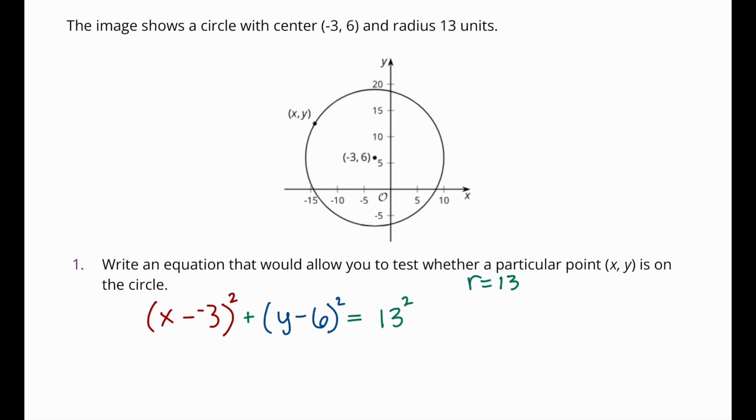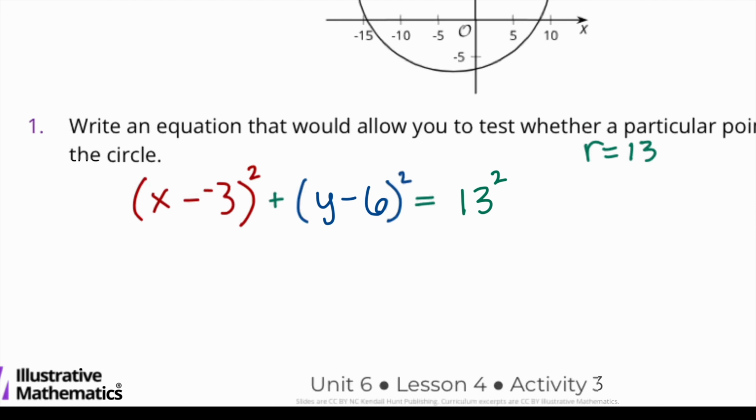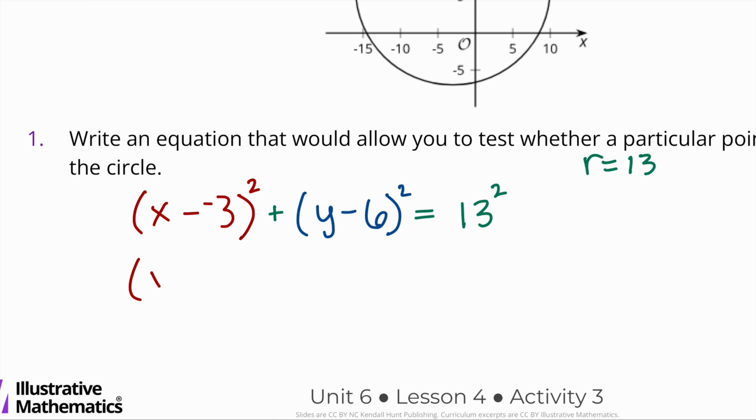Now there is another way of writing this, and we're going to simplify it a little bit. Really, we're just going to change this here so that this says x plus 3, because when you subtract a negative, it's the same as writing a positive or a plus. So we're going to have here this. And again, I do want to reiterate the reason why we can put the variables first and the order of the subtraction doesn't matter is because we are squaring it.